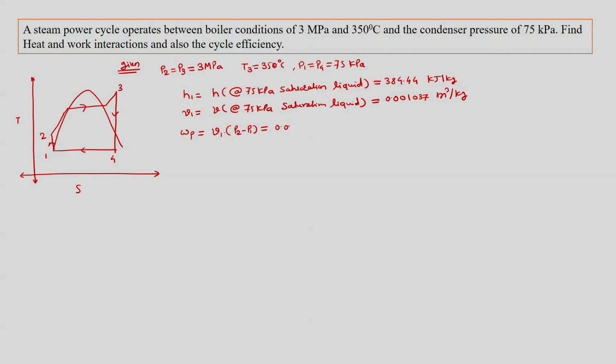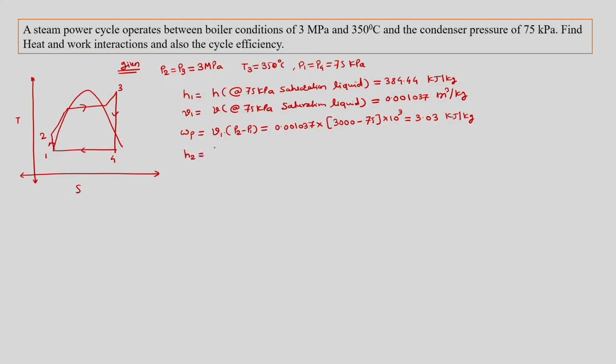So it is 0.001037 into (P2, which is 3000 kilopascal, minus 75 kilopascal), so it will be 10 to the power 3 pascal. So we will have pump work as 3.03 kilojoule per kg.